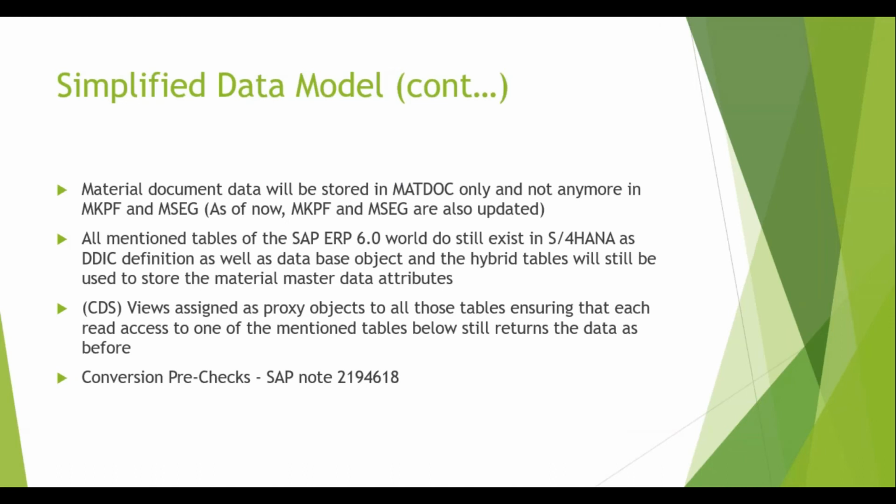As I told you earlier, during the transaction, the calculations were performed and the unrestricted quantity was updated in real time during the transaction. And if at any point of time I want to know what is the stock available for this material in a particular plant, I can directly go to table MARD or MARC and get that information. Even the standard reports, the stock analysis, get the information from these two tables.